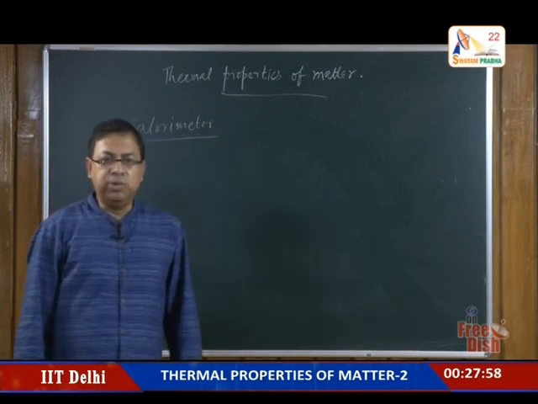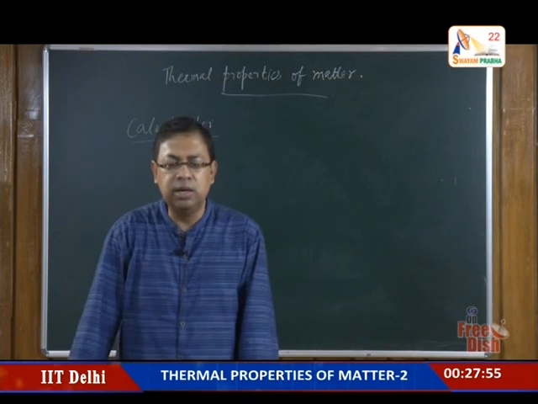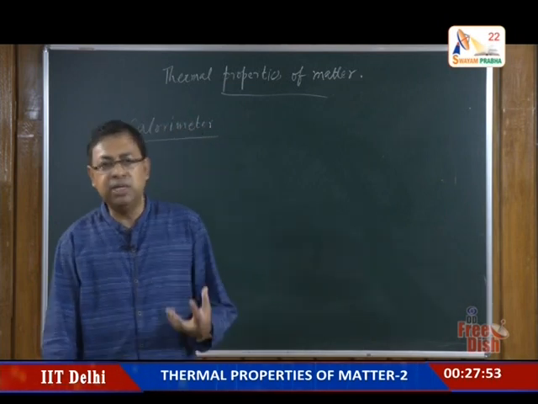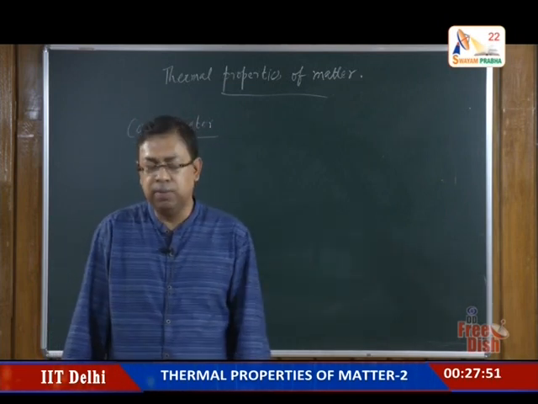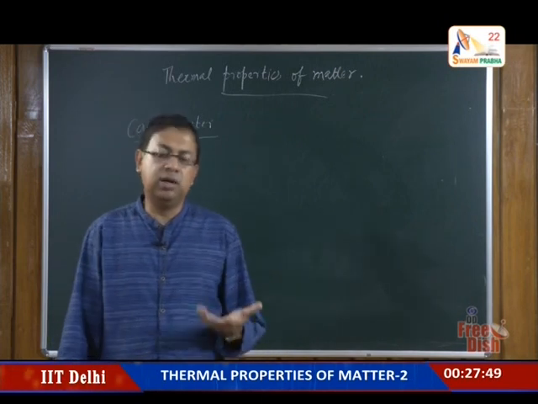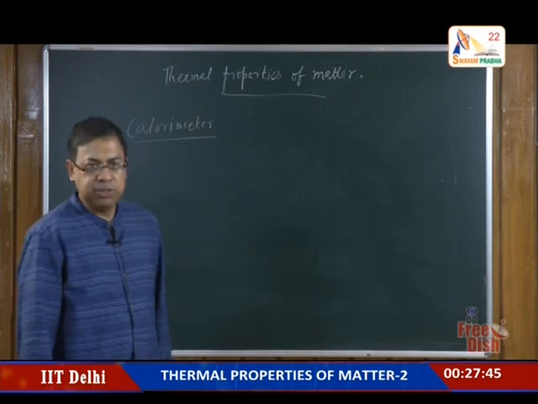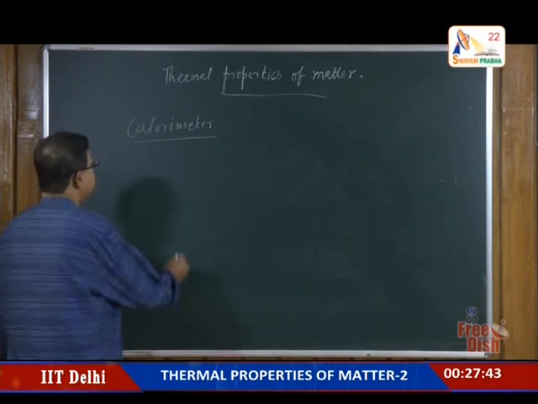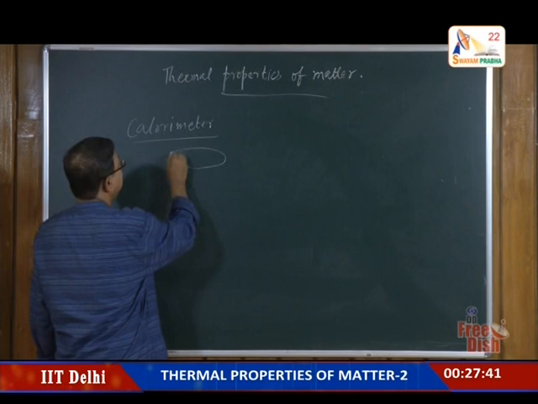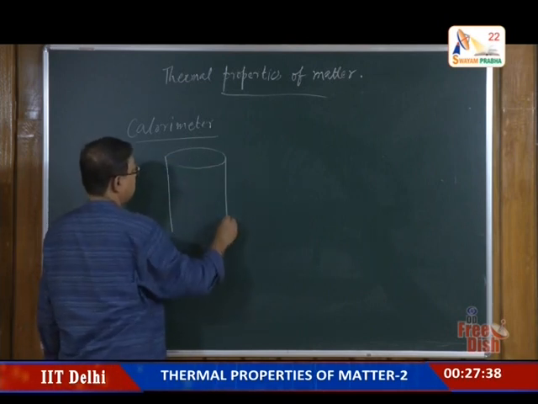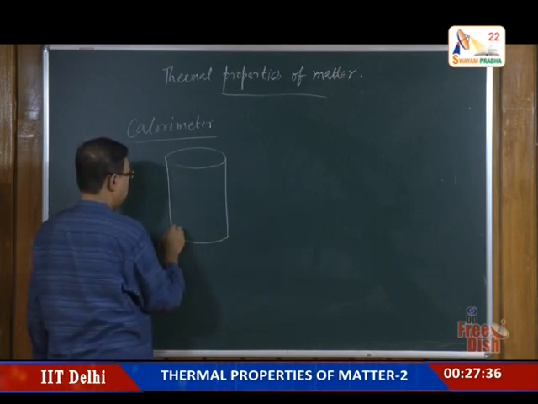So what is a calorimeter? A calorimeter is essentially an apparatus like a thermos, which you have seen where hot coffee or hot tea is stored, especially in offices, which has some kind of insulating wall.